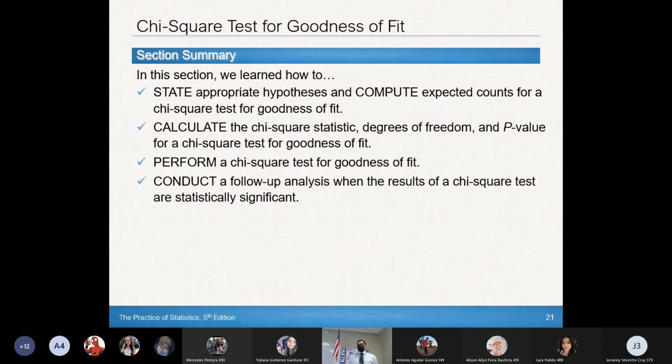We're calculating a different statistic, but after we get that, we're still using a table, finding our p-value, comparing that p-value to the significance level, and then making a conclusion the same way that we would with our other tests. We saw all this except for the follow-up analysis. We'll get to that at another point.